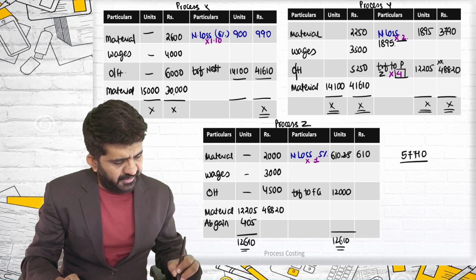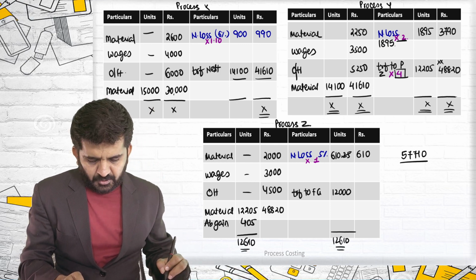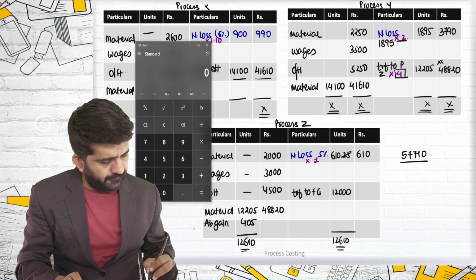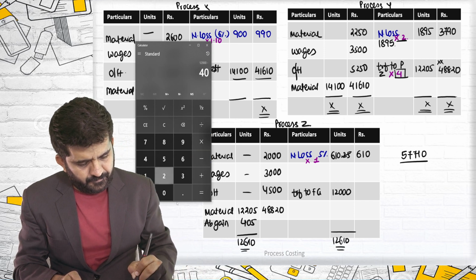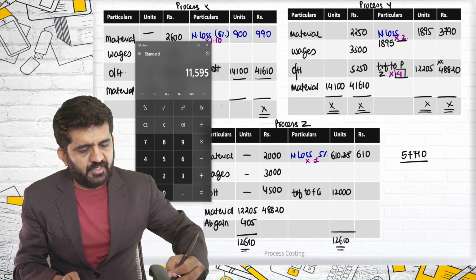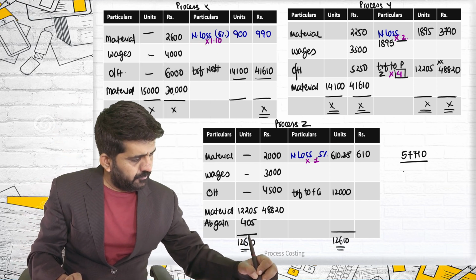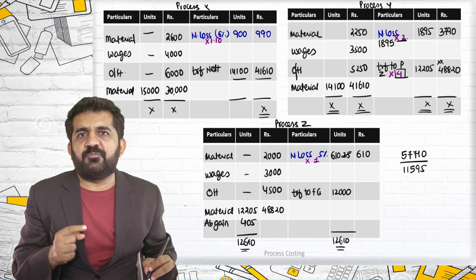57,710 divided by normal output, which is 12,205 minus 610, or 12,000 minus 405, that is 11,595. How have I found 11,595?